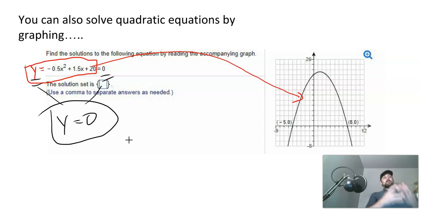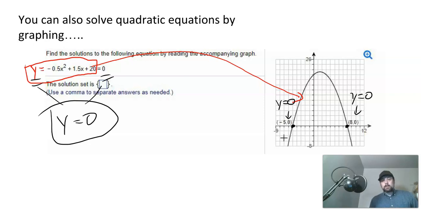So the way you can solve these quadratic equations by graphing is to set them equal to y, so you can graph them on the Cartesian coordinate system, and then look on the graph for where the y coordinates are 0, which will be the x-intercepts, right here and right here. So here, y is equal to 0, and here, y is equal to 0.